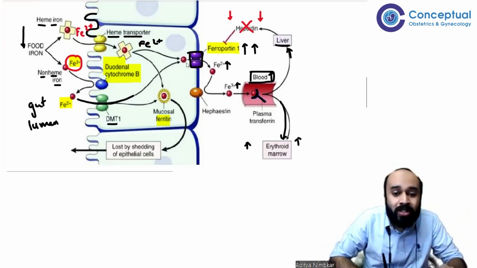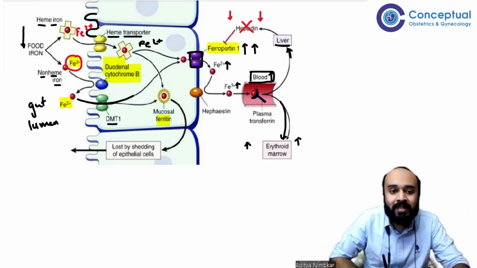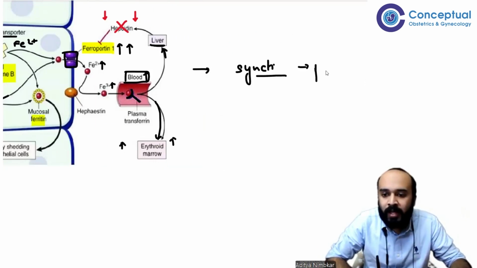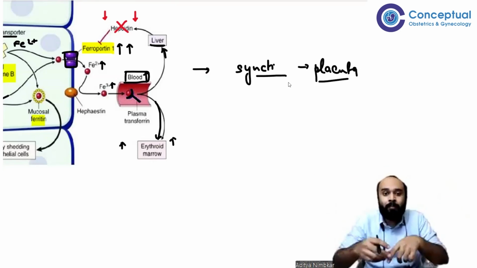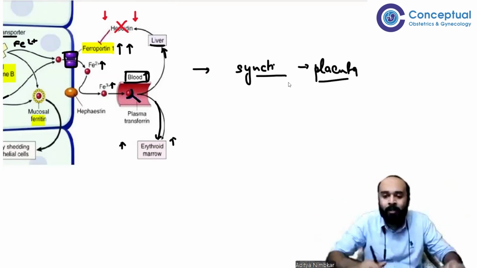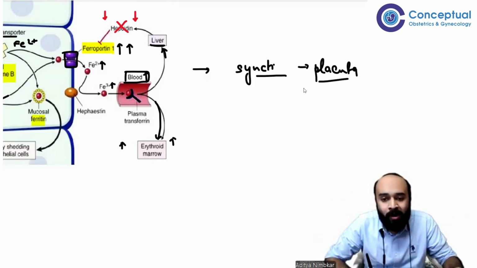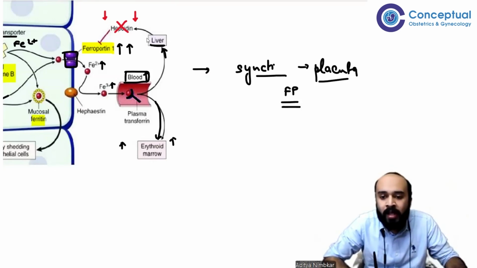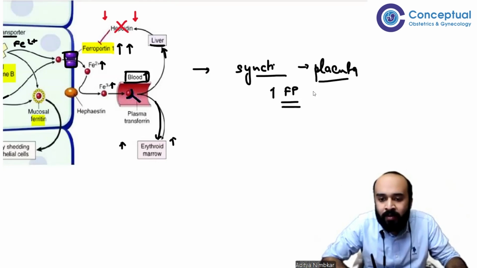Ferroportin is not just present in the gut cells, it is also present in syncytiotrophoblasts in the placenta. We have all read about syncytiotrophoblasts, syncytio cells, where multiple cells combine, they lose their cell wall and they have multiple nuclei. So inside the trophoblast, the syncytiotrophoblast to be more specific, this ferroportin molecule is also present. Due to reduced hepcidin, ferroportin increases in the placenta, and ferroportin's job here is to give the iron to the fetus from the mother.